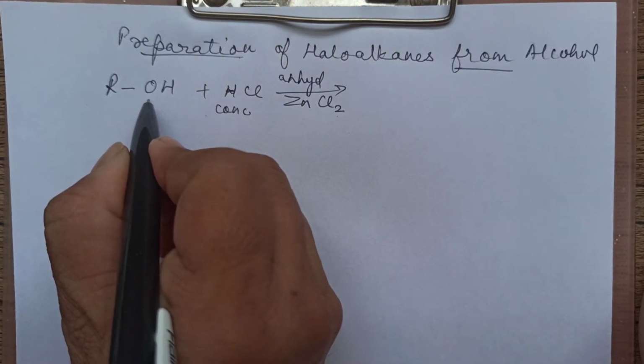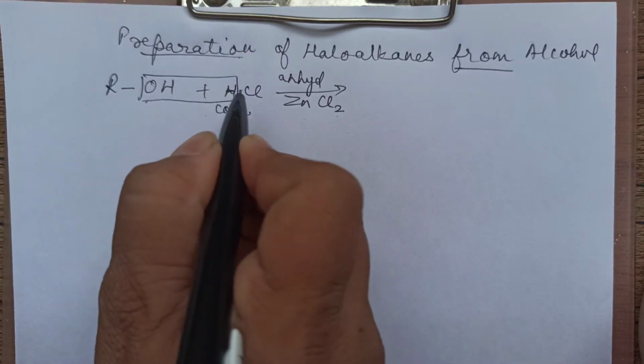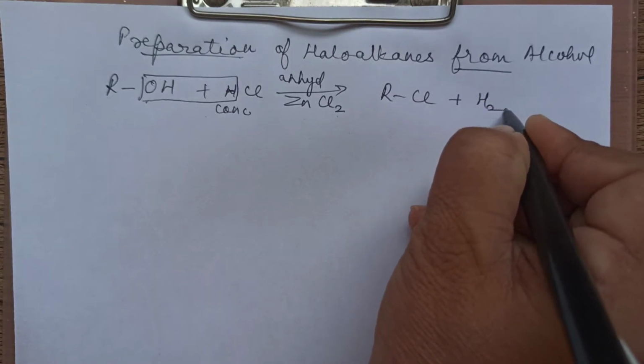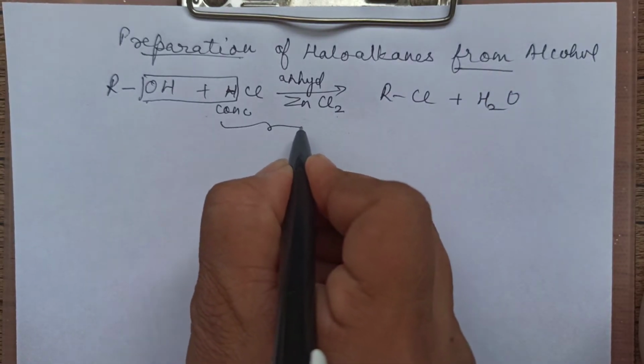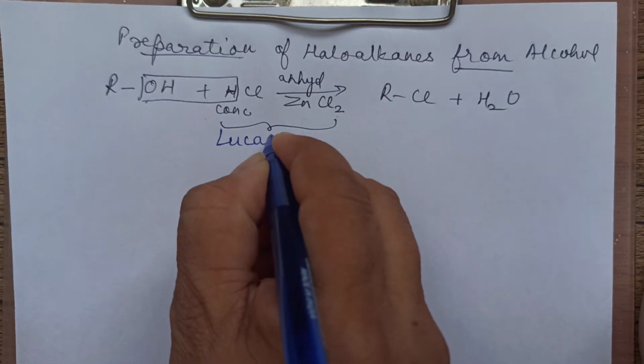So what basically happens, if you have to learn just simply, water comes out and you are getting RCl plus water.